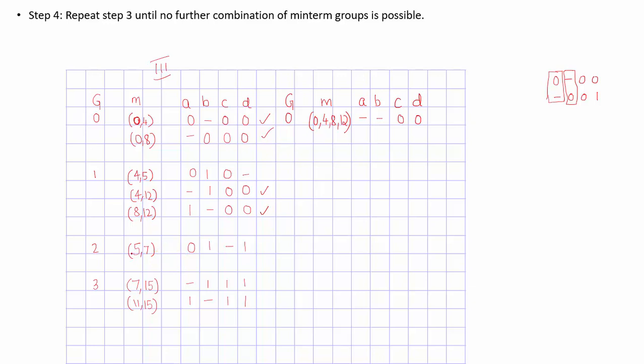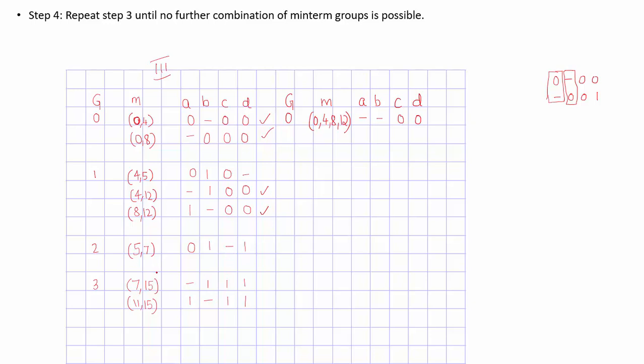Next you will compare group 2 with group 3. When you compare 5, 7 with 7, 15, C is dash in 5, 7 whereas A is dash in 7, 15. So these two differ by more than 1 bit. Next you will compare 5, 7 with 11, 15. C is dash here whereas B is dash here.